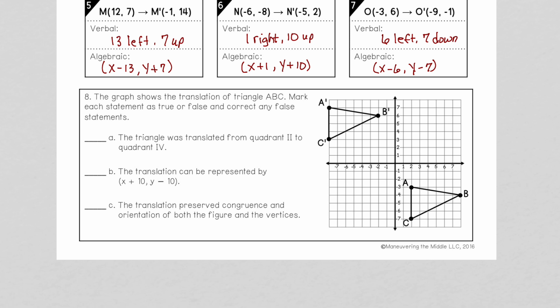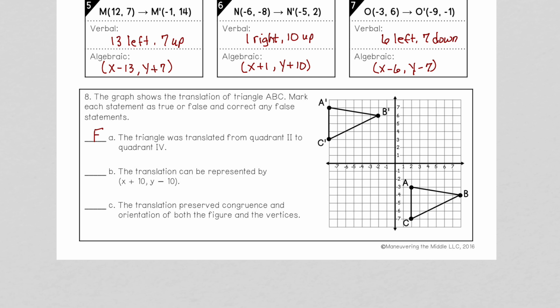Well, we know these have the tick marks, and so that has to be the image, not the pre-image. All right, so A is false because it's just the reverse of that. It was translated from quadrant 4 to quadrant 2.